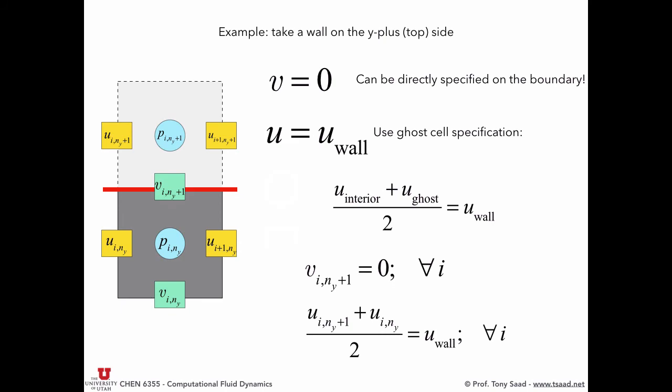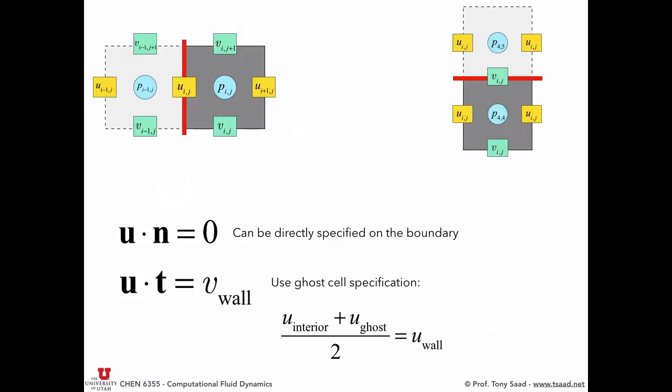Okay? So in other words, the specification at a wall is always normal velocity equal to 0, u dot n equal to 0, and the tangential velocity is specified, u dot t, the tangential component of the velocity, in other words V in this case. It's V wall, V or U depending on what boundary you're at. You just use a ghost cell specification.